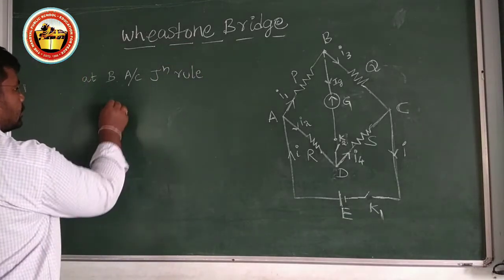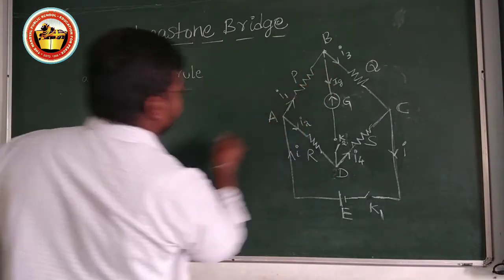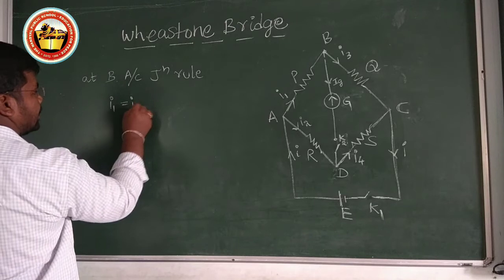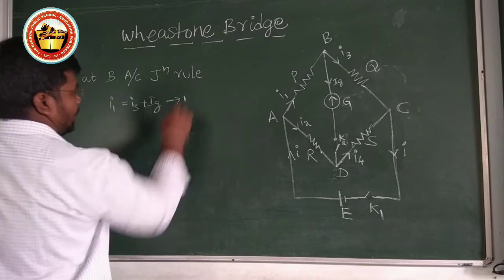So at point B, according to the junction rule, I1 is equal to I3 plus IG. This is equation 1.